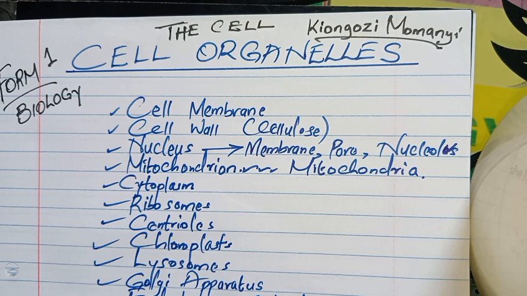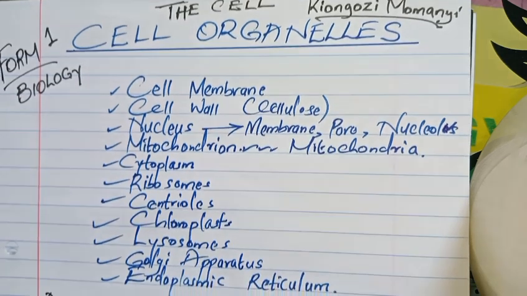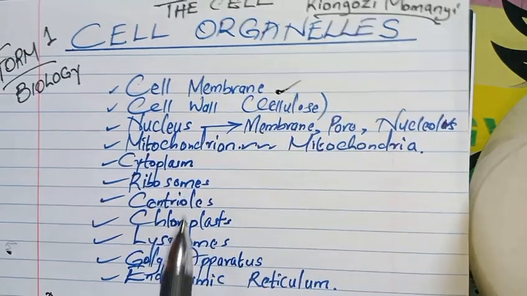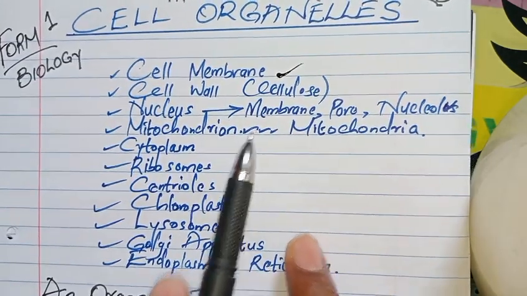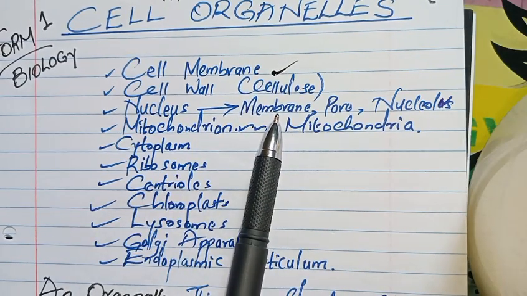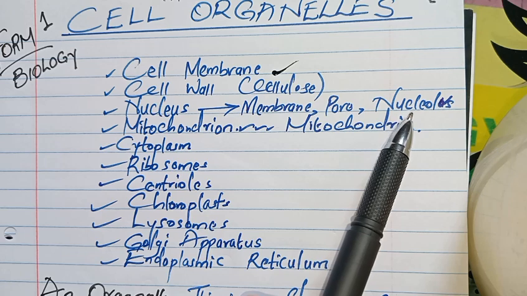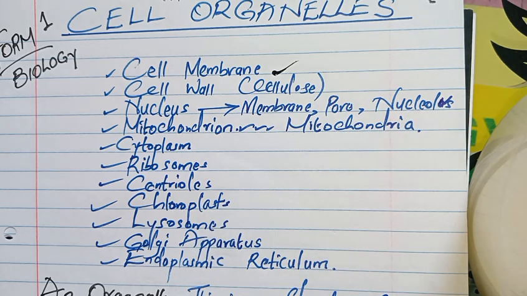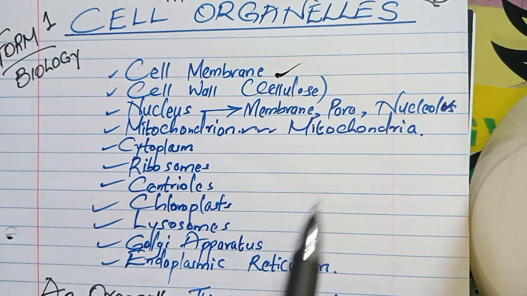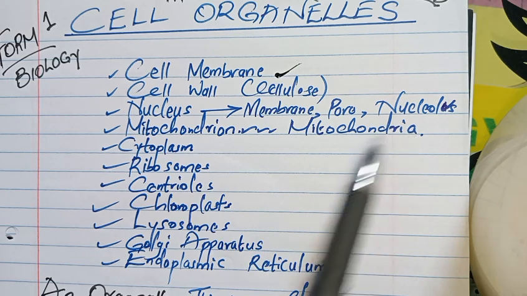So in today's lesson, I have the following organelles. We have the cell membrane, we have the cellulose cell wall, we have the nucleus, which entails the nuclear membrane, the nuclear pore, and the nucleolus. Check on the spellings. We have the mitochondrion, that is singular, but when it is plural, we say mitochondria.